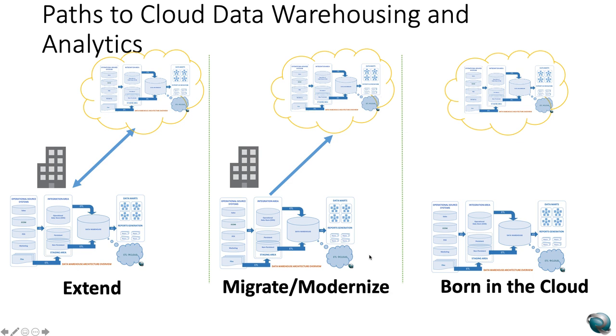The second one is migrate/modernization. What that means is, you are identifying the possible data storage environments like POS, e-com, marketing environment, or your persistent data store or non-persistent data store.